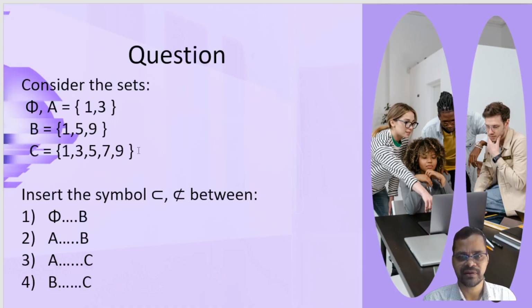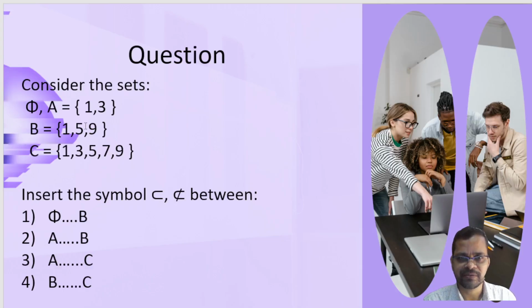Please remember that. Then it asks A and B: whether A, which has elements 1, 3, is a subset of B, which has elements 1, 5, 9, or not. Think for a second. Will it happen? What are the common elements here? In A we have the element 1, and in B we also have 1. But A has 3 as an element, which is not there in B. So you answer me, whether A is a subset of B or not.